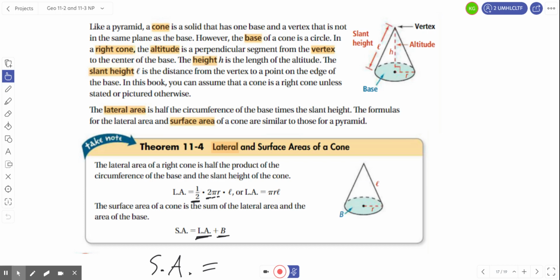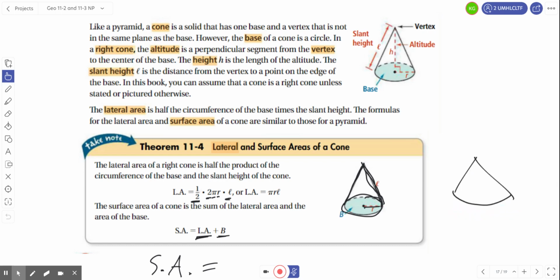It's kind of funky. It's the area of this top part. We're doing 2 times pi times the radius, so we're finding the circumference of this, and then we are multiplying it by L, and then by 1/2. So it's a little funky.